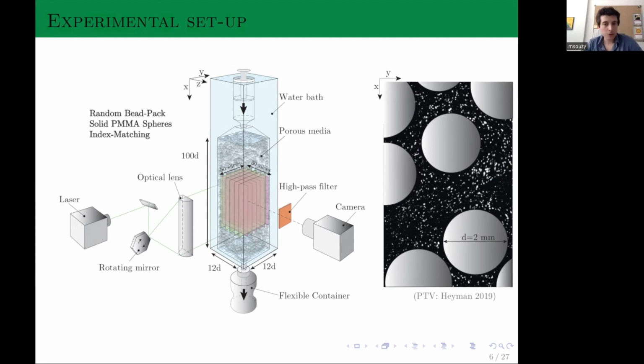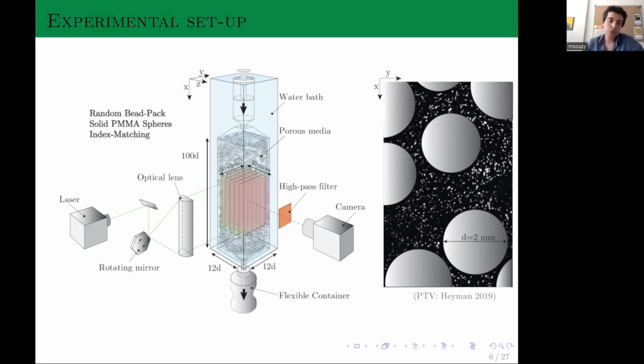And for this interstitial fluid, we use Triton X100, as its optical refractive index is very close to that of PMMA at room temperature, such that we can perform a direct visualization technique by index matching the whole system.